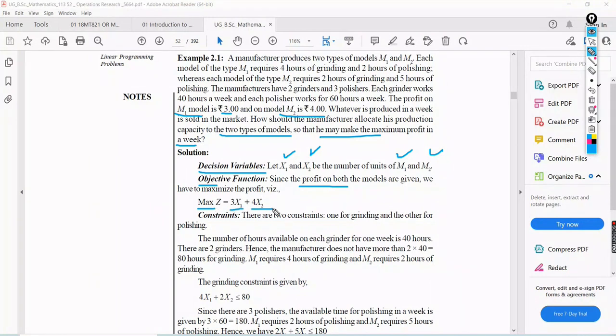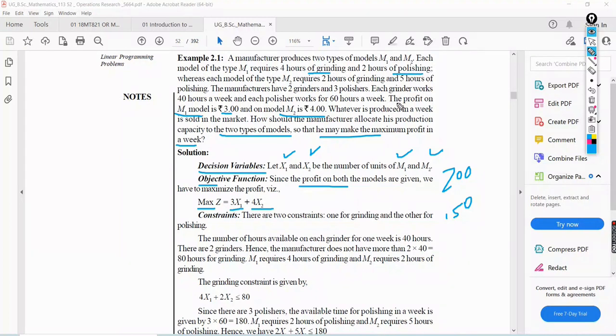What are the constraints here? They are not given directly as hours. There are two functionalities here: one is grinding, and the other is polishing.